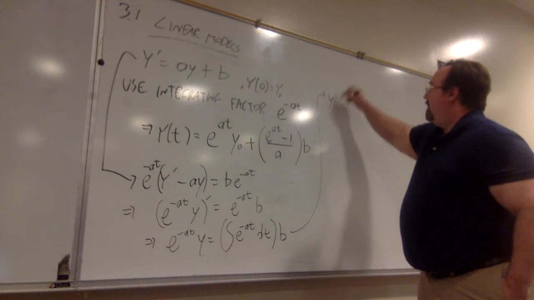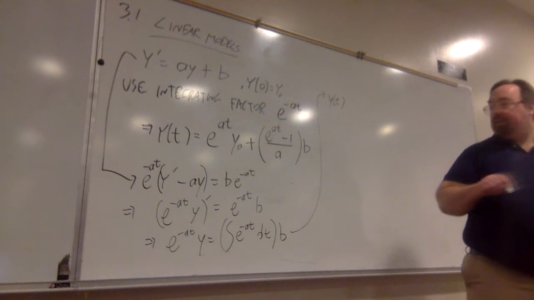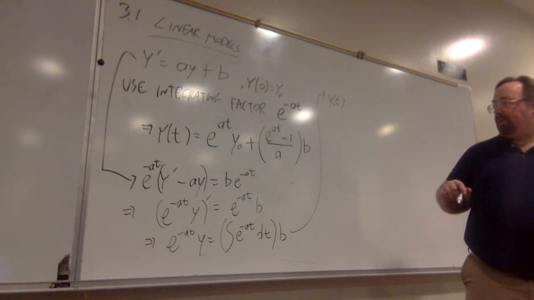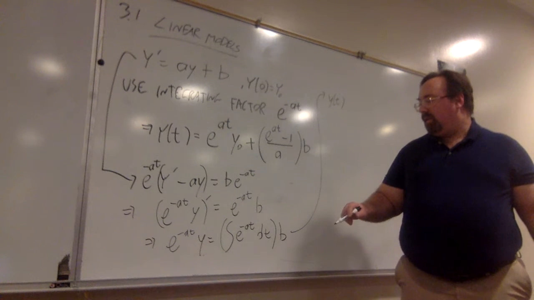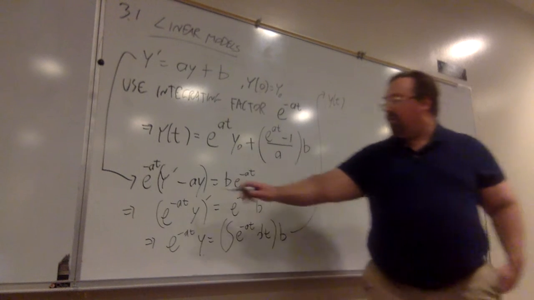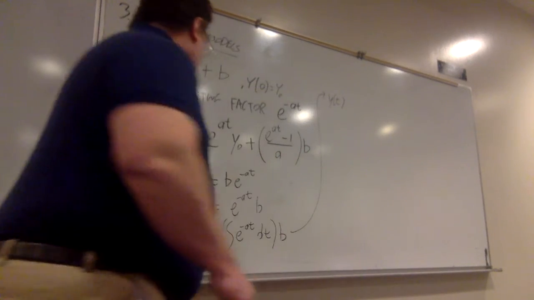What happened to the minus ay times e to the minus at? Sorry, what happened to that? So presumably we get the e to the negative at y, all prime. Yeah. The first part is the multiplication with the parentheses. What about multiplying e to the negative at by minus ay? Oh, you're going from here to here? Yeah. Well, because of the prime.